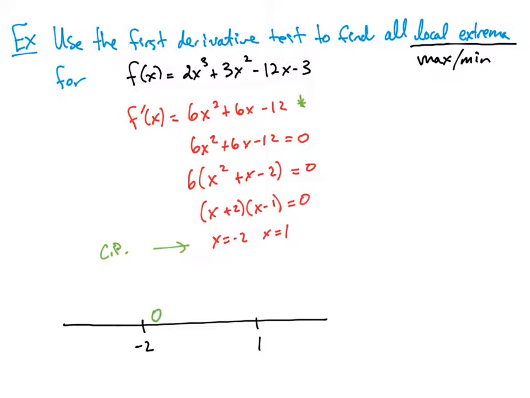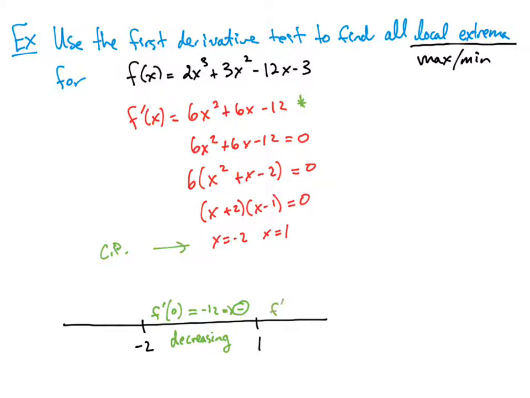The value of 0 is in between -2 and 1, so when I input 0 into the derivative function, we get 0 plus 0 minus 12, so that's going to be -12. So that is a negative value. Because the value is negative in that interval, that tells us that the function is decreasing between -2 and 1. Now we're going to do something similar for the other intervals.